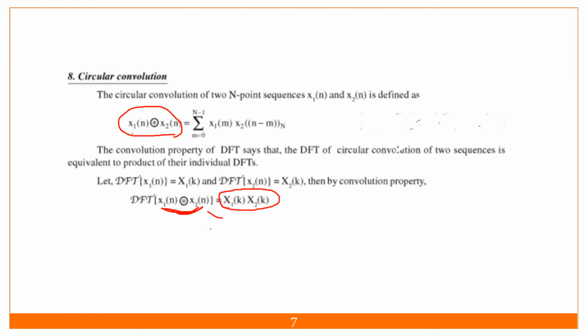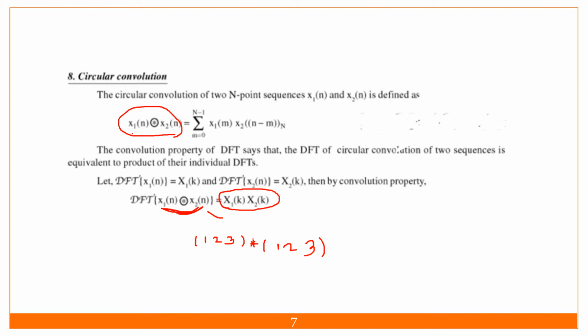For example, if I want to take the circular convolution of 1, 2, 3 and the second sequence is again 1, 2, 3. Sorry, I am not having my digital pen over here. I am using this mouse to draw, that's why my handwriting is like this.